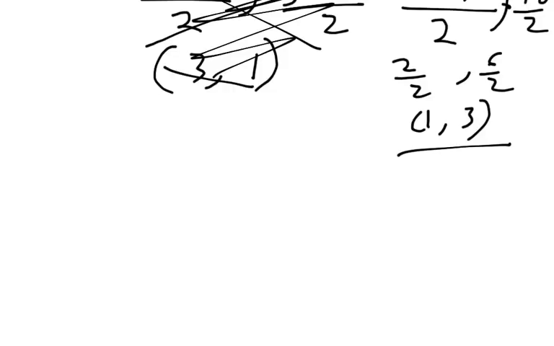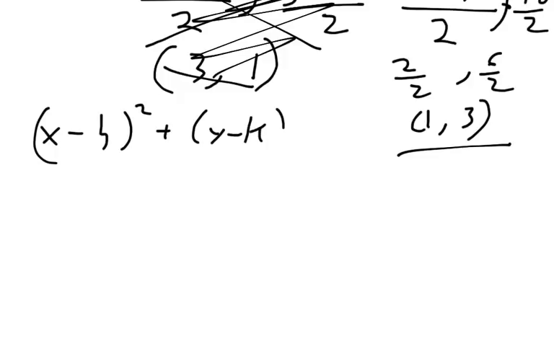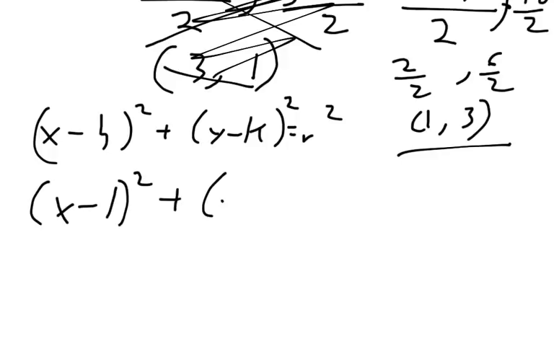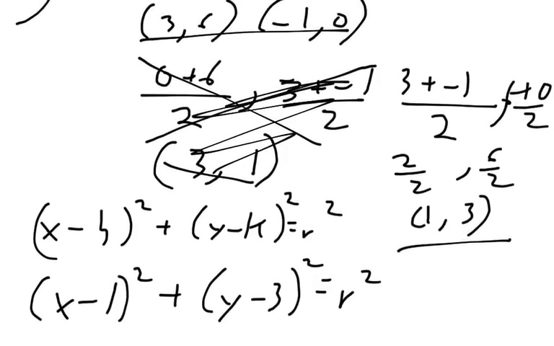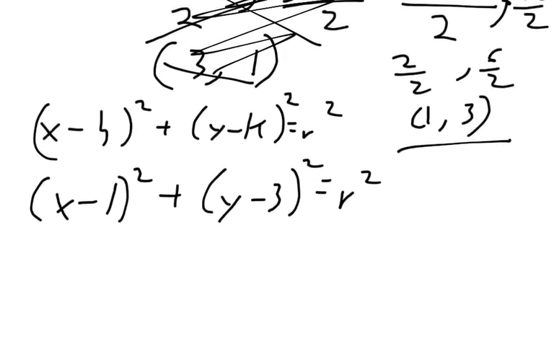So since this is my center, the formula is x minus h squared plus y minus k squared equals r squared. So I got x minus 1 squared plus y minus 3 squared equals r squared. Now I can plug in either one of the points, and we'll plug in the point 3, 6.